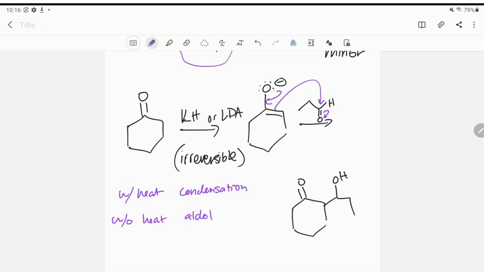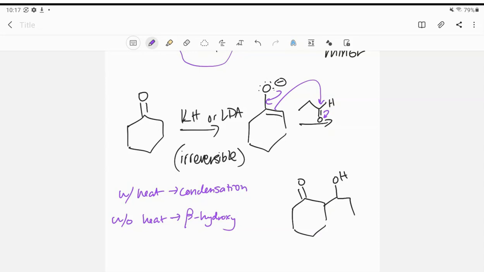I'll just write this beta hydroxy. So if you do have the heat, you will end up making the double bond. That's the condensation. Without heat, you'll make the beta hydroxy species.